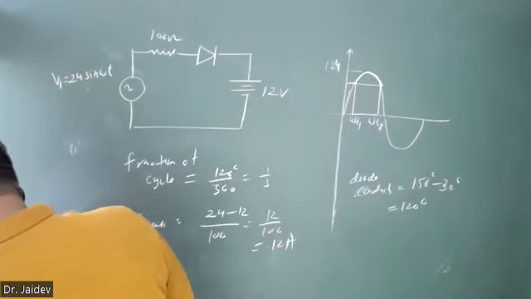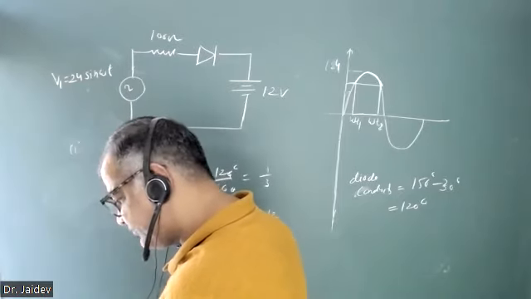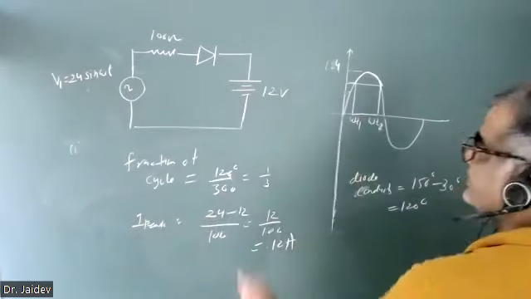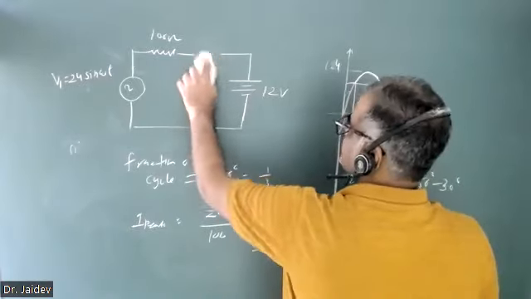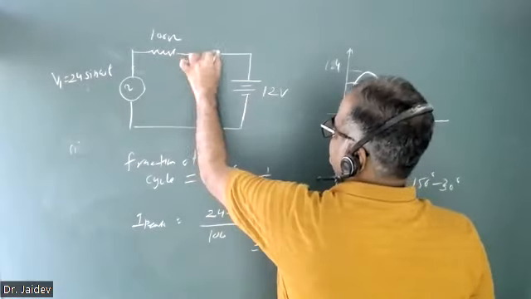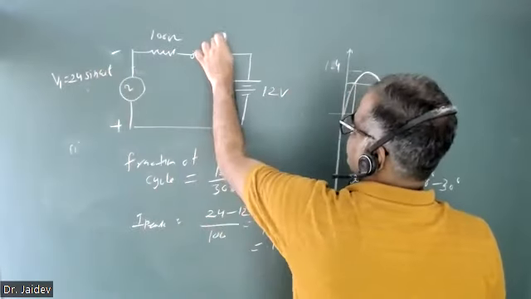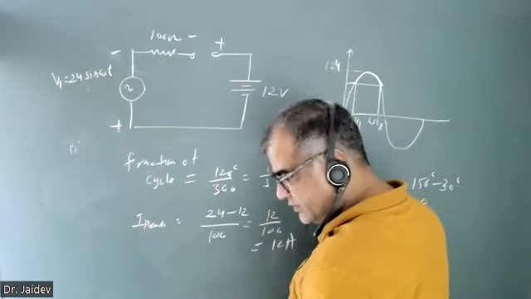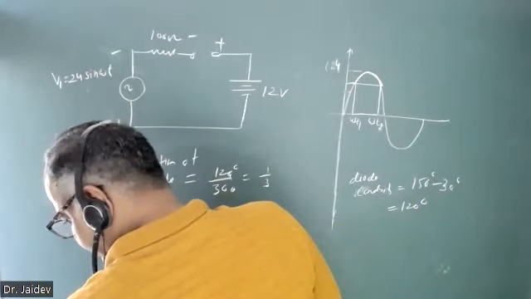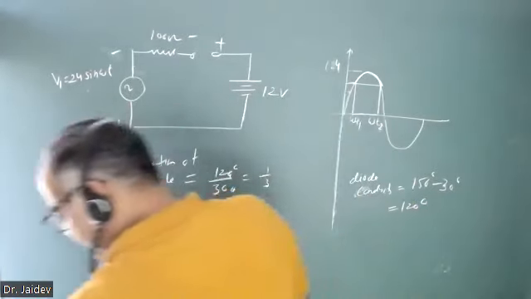OK, and the last is: what will be the maximum value of reverse bias on the diode? The reverse biased diode will be open. This will be plus, this will be minus. If I want to calculate VD, let us calculate VD.